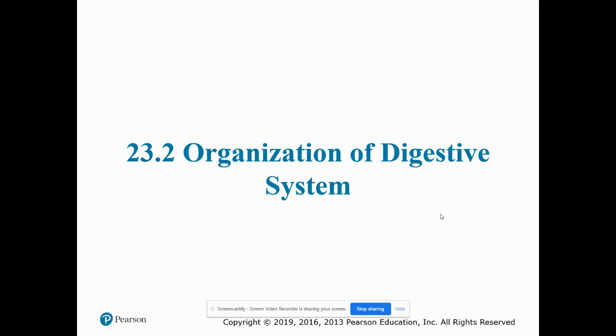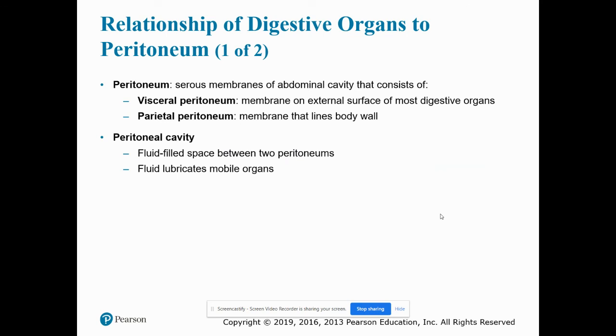Now we're going to talk a little bit about the organization of the digestive system. To do this, we're going to talk about the peritoneum. The peritoneum are serous membranes of the abdominal cavity. We've talked about serous membranes before: around the heart, the pericardium, and around the lungs, the pleura. Same thing here.